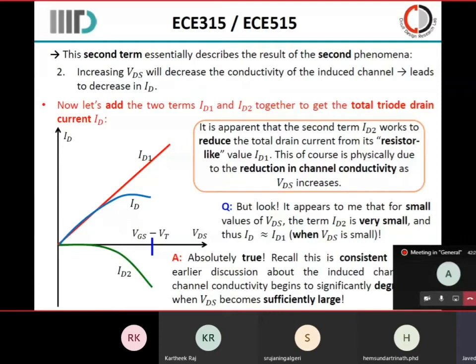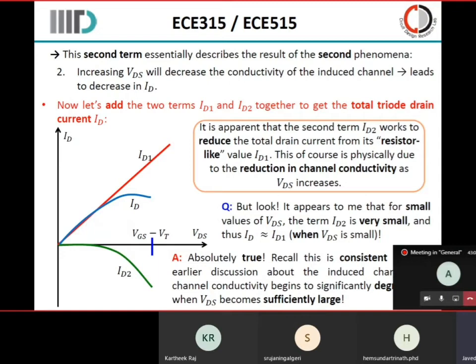So what happens is, it is apparent that the second term ID2 works to reduce the total drain current from its resistor-like ID1. This of course is physically due to the reduction in channel conductivity as VDS increases. This is again the argument which you will support, saying when your VDS is very small compared to VGS minus VT, then your ID curve is basically following the ID1 curve, right?